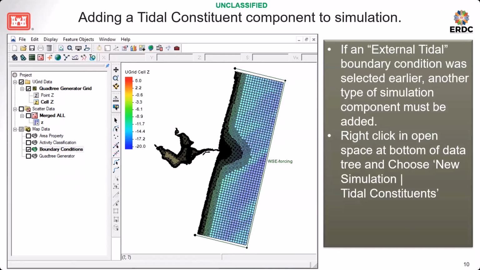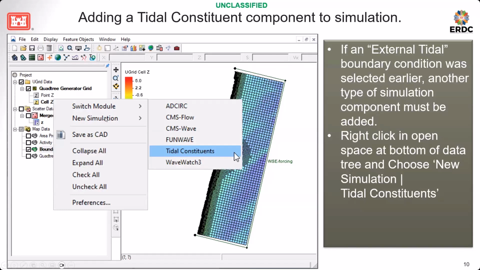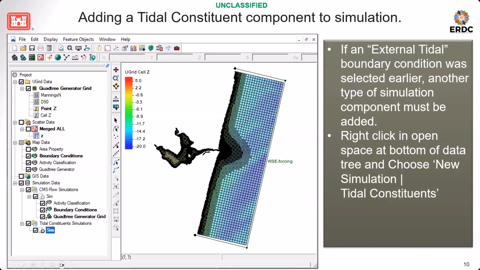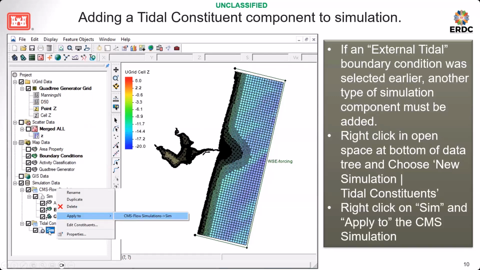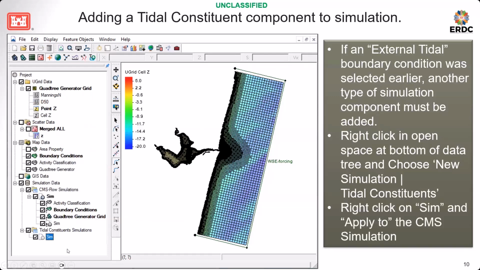Additionally, when we were working with that tidal constituent, we said it would come in as a different component in the simulation. So we can click here under new simulation. There's an option for tidal constituents. Once we click that, it adds a new tidal constituent simulation. And then we can apply that to the grid as well, like we did with the others.